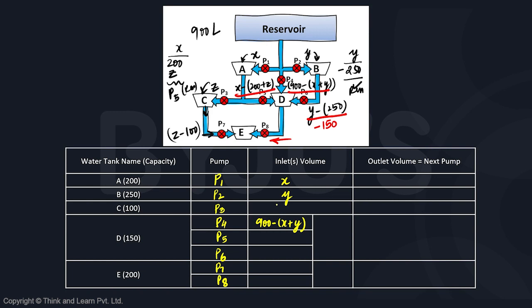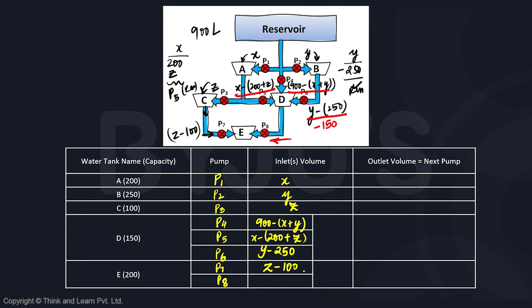So let's put in these values. At P3, if we take this as Z, then at P5 we will have X minus 200 plus Z. At P6 we will have Y minus 250. At P7 we will have Z minus 100.